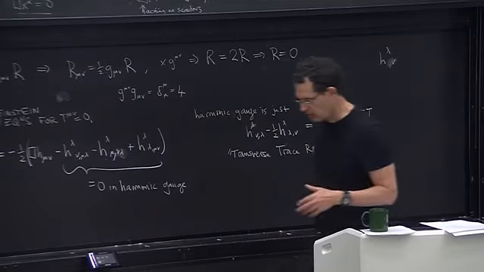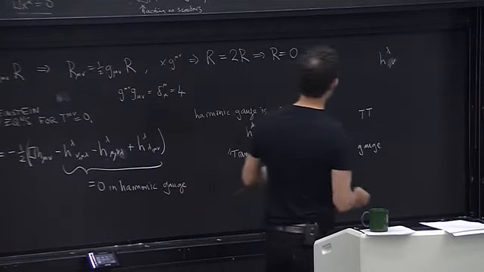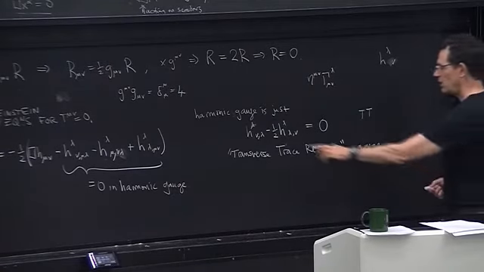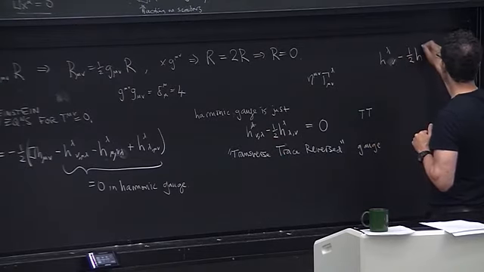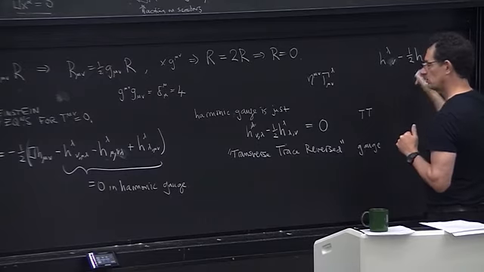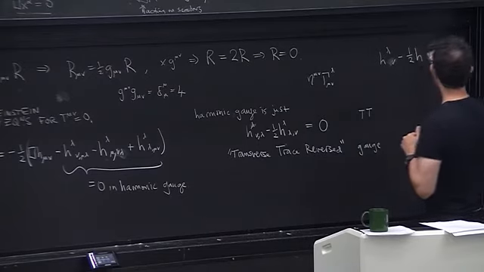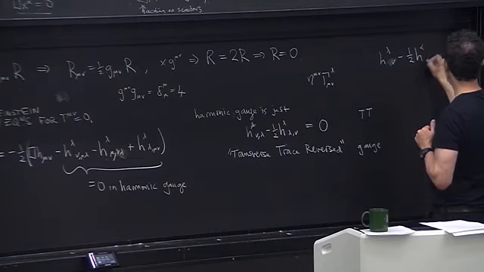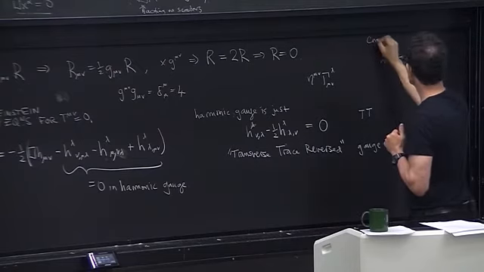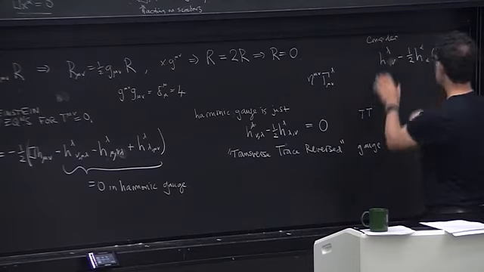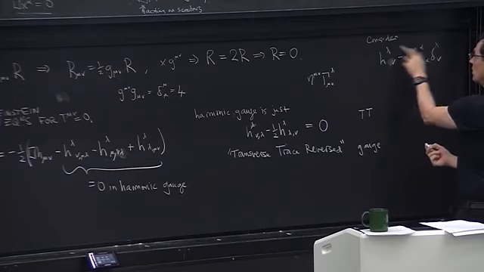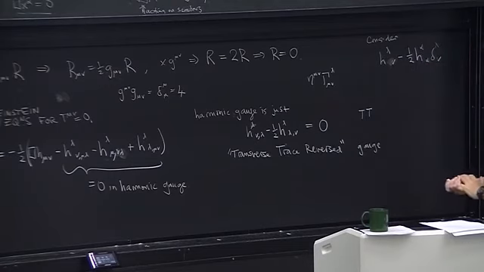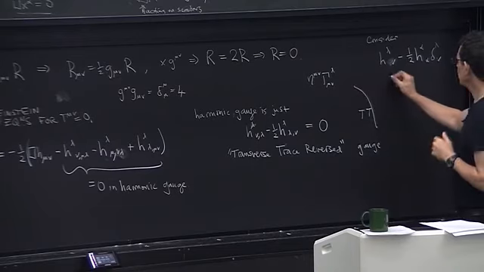I happen to have raised one index and lowered the other. If I consider this quantity, h lambda nu minus 1/2 h alpha alpha delta lambda nu, so I take the h, I take its trace, which is the sum of these indices multiplied by delta. And this is called trace reversed.